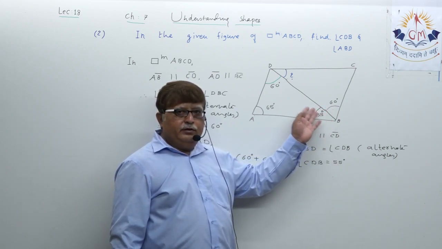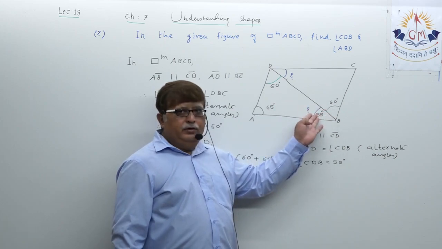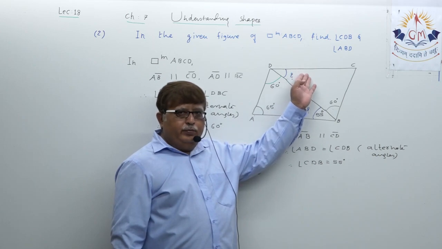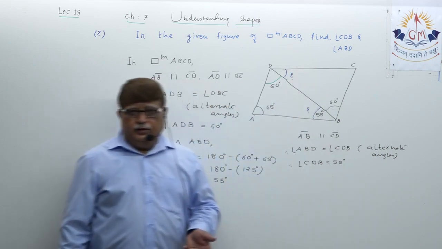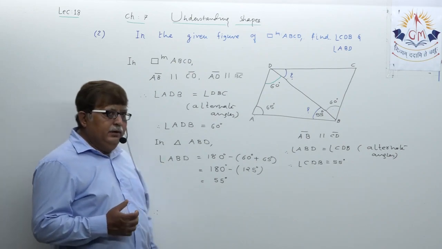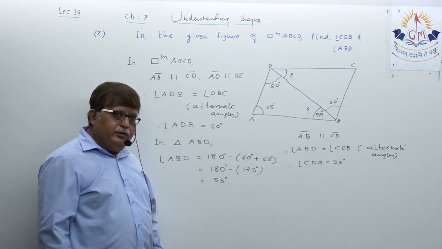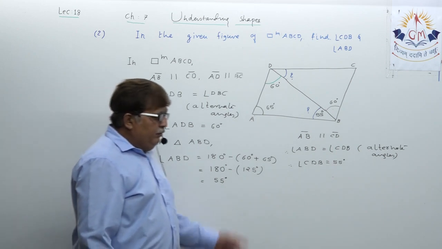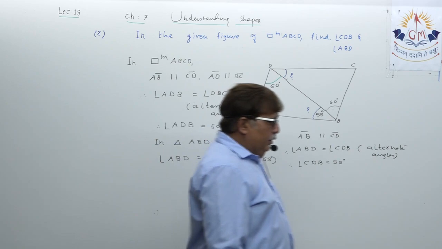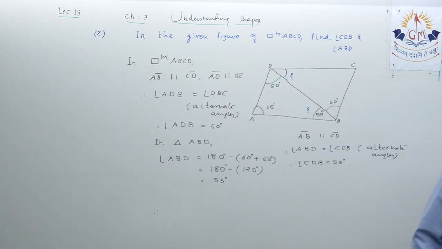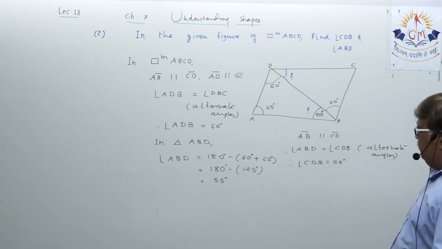You just subtract from 180, you get this 55, and then you just take the pair of alternate angles. That is also one of the ways to solve this particular example.